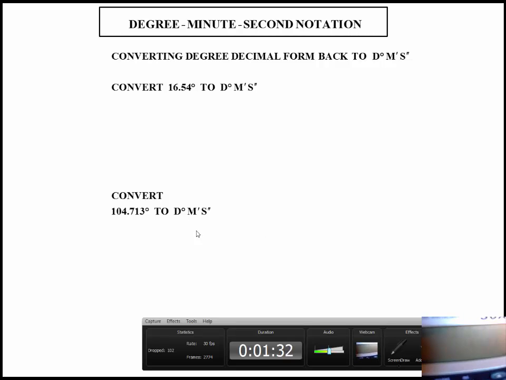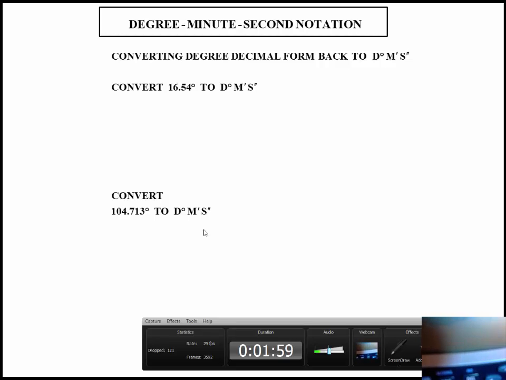All right, and then the next one, we'll go ahead and do 104.713 degrees, and we'll change that back from degree decimal to degree minutes seconds using the calculator. So let me hit clear here, and I'll type in 104.713 and make sure that you're in degree mode here and not radian mode, because that might throw a whack into things, most likely will.